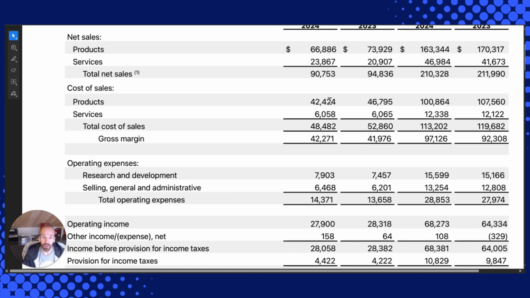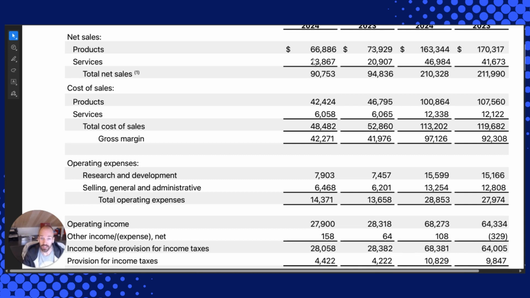So after they've paid their direct expenses on iPhones, Macs, and that sort of stuff, they've made $24.5 billion at a 36.5% margin. That would be the gross margin, which is revenue minus the cost of sales divided by the revenue. So it gives you a percentage of the revenue that you're making on that. So on products, they make 36.5%.